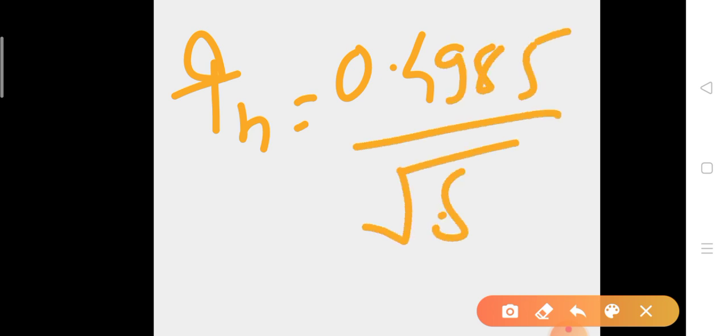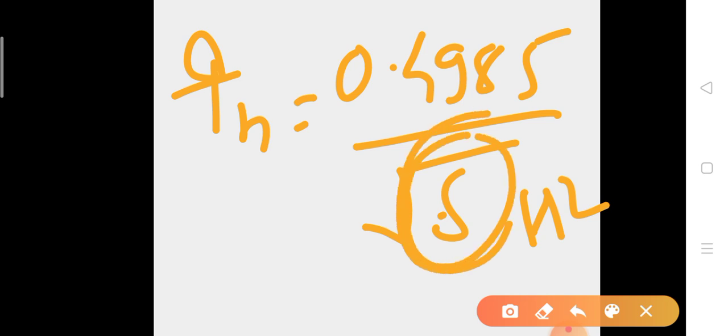As you can see, the frequency equations for the longitudinal vibration and for the transverse vibration are almost equal, that is frequency equal to 0.4985 upon under root delta hertz. You are getting the same values of frequency, but there is only one difference, the deflection delta. So what is that deflection delta?